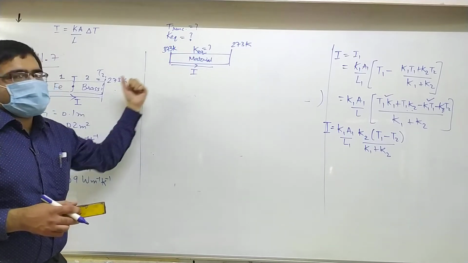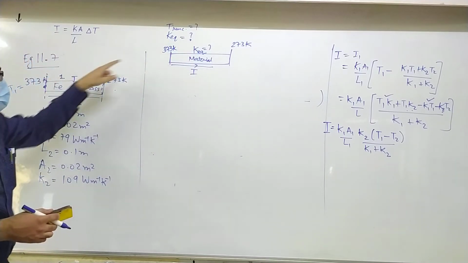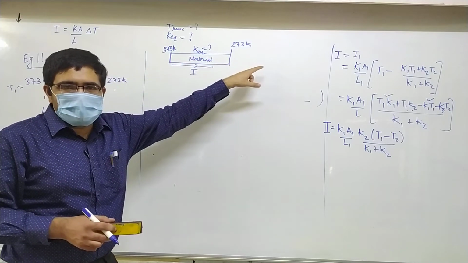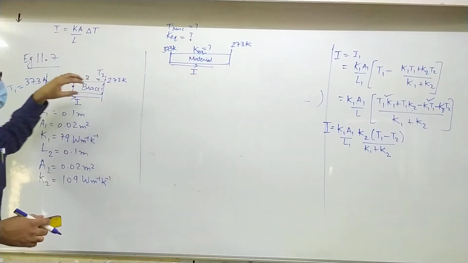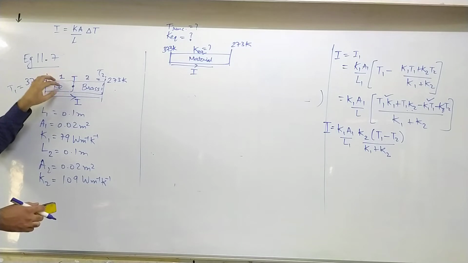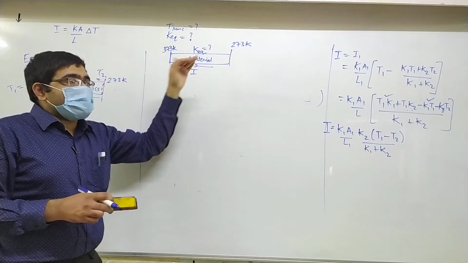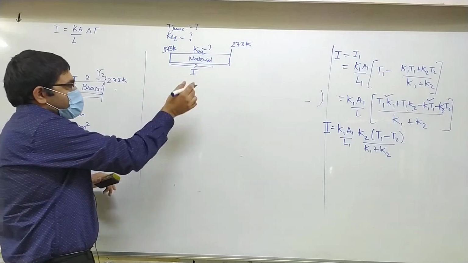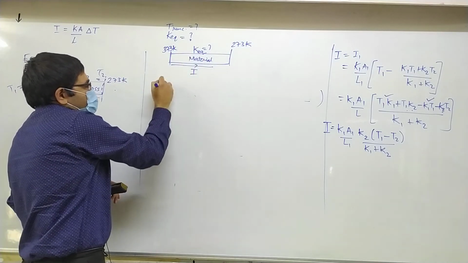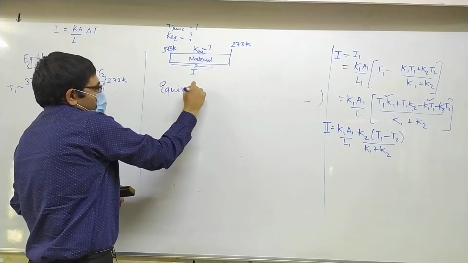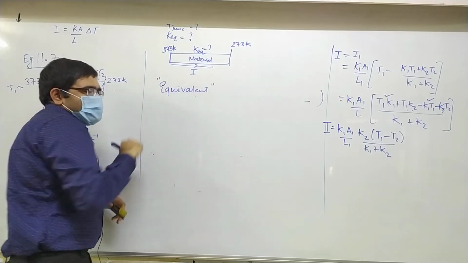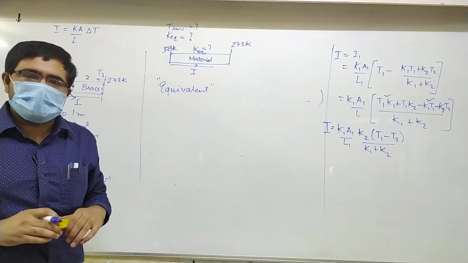The value of I is same, the temperature difference here is same. Only that instead of using 2 different materials and 2 different bars, we are just using one single bar. But it behaves in a similar way. So that's why this is called equivalent. The meaning of equivalent is behaves in a similar way.